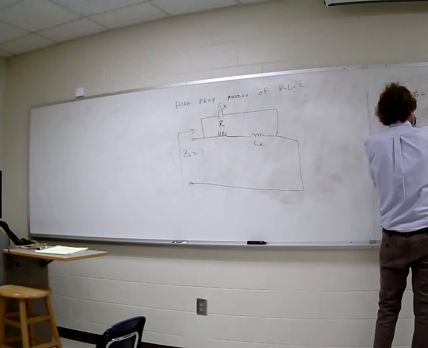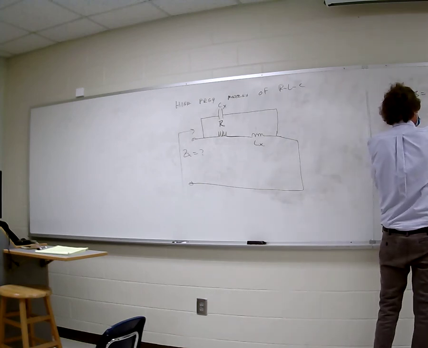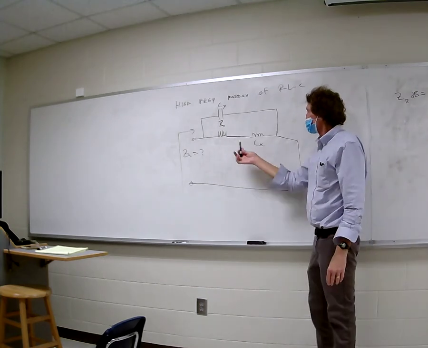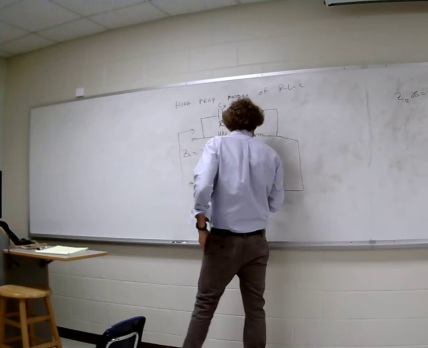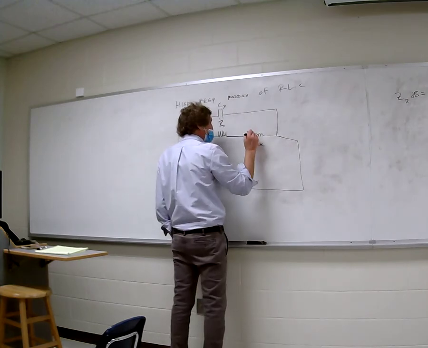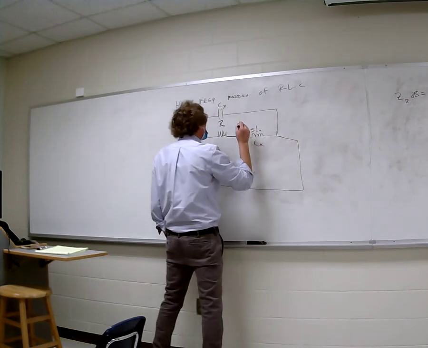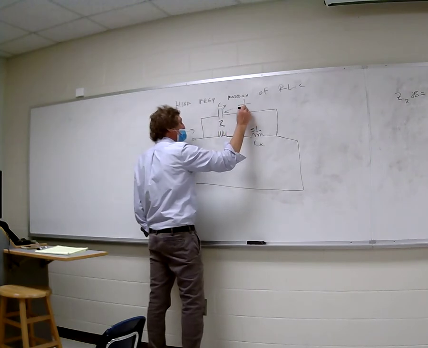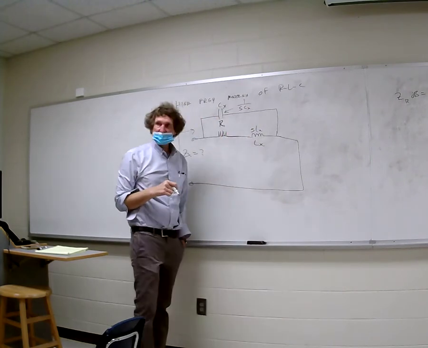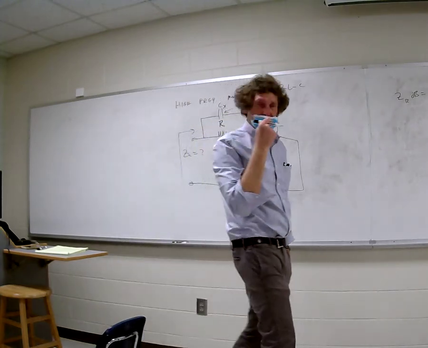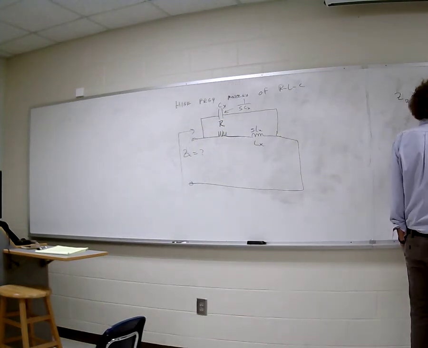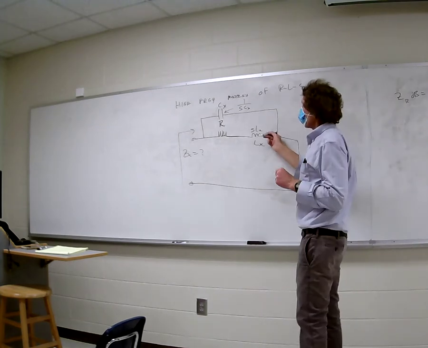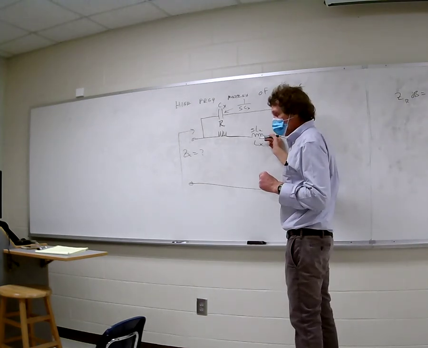It would be 20 times the log. Now it's the log of the impedance. Do y'all agree that this could be R, this would be S times LX would be the impedance, right? And the impedance of this right here would be 1 over SCX, right? If we used S instead of j omega. Agree, class? So if you take a look at this, it's 20 times the log. And we have this in parallel with this, right?